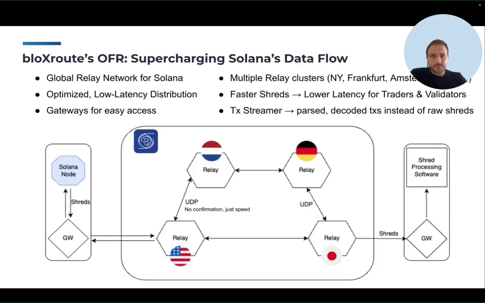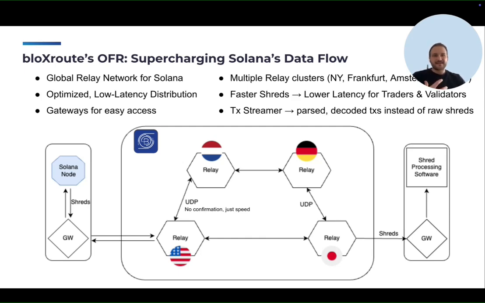Now, to address this core challenge, bloXroute has what's called their blockchain distribution network, or BDN, which is essentially a global relay of different clusters around the world in strategic locations. And this ultimately works in the way that data is distributed in a very optimized and low latency way.